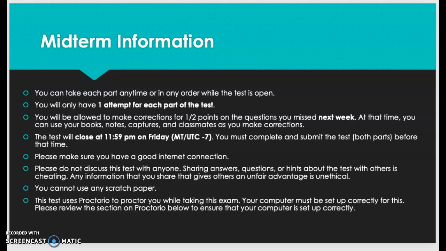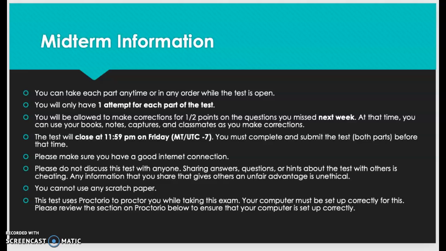Please make sure you have a good, strong internet connection before you start taking the test. Please do not discuss the test with any of your classmates or anyone who's taken the test prior. Sharing answers, questions, or hints on the test would be considered cheating. And we have had students cheat before and they have failed the course.